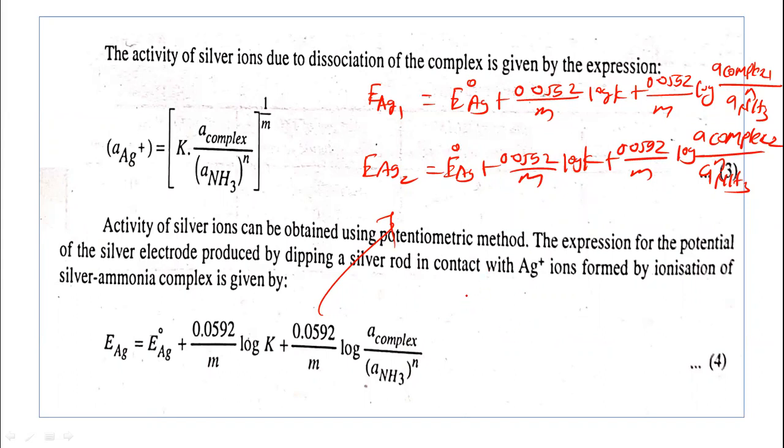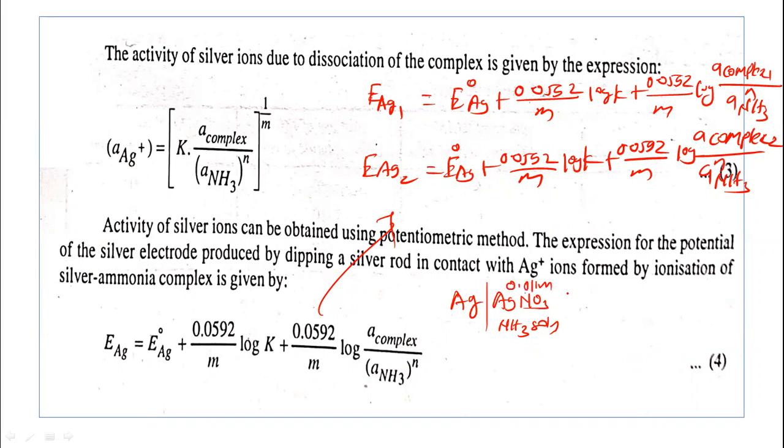Two silver electrodes, with silver in contact with a solution where the silver ammonia complex forms. So we have to take the silver nitrate solution here and add the ammonia solution. In this case, the concentration of the silver nitrate is supposed to be 0.01 molar.